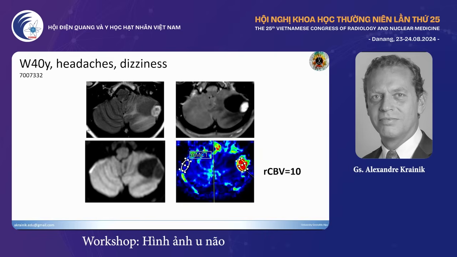When you compare the area under or above the curve of this nodule with the healthy, symmetrical other side, there's a ratio of 10, meaning that the voxels in this area have a density of brain vessels 10 times higher than the healthy areas.